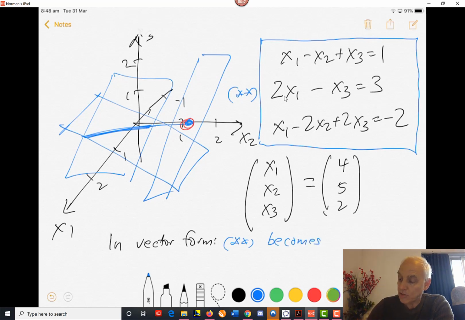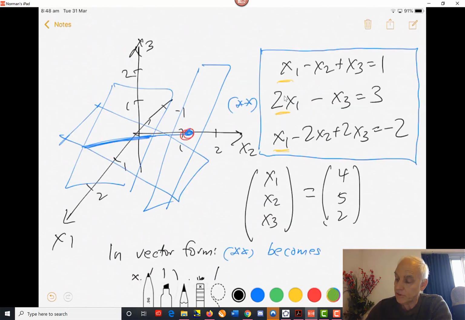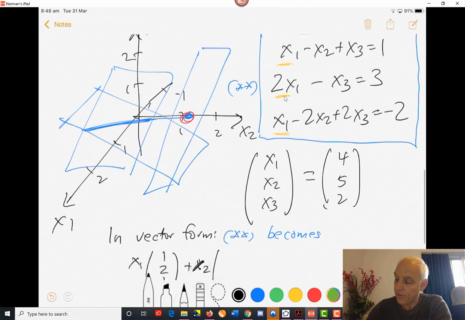Okay, so the x1 is appearing here, here, and here with coefficients 1, 2, and 1. So we have x1 times 1, 2, 1 plus x2 times, well, x2 occurs with -1 coefficient, 0 coefficient, and -2 coefficient.